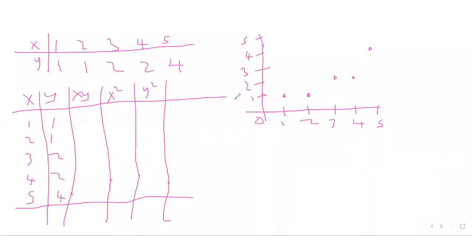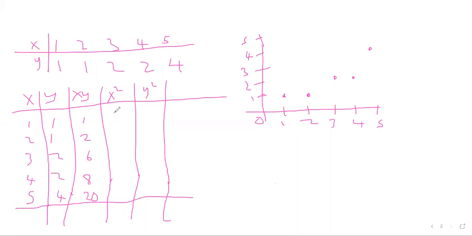Then we can fill in this x, y, we're multiplying this and that. What are we getting here? 1 here, 2 here, 6 here, 8.